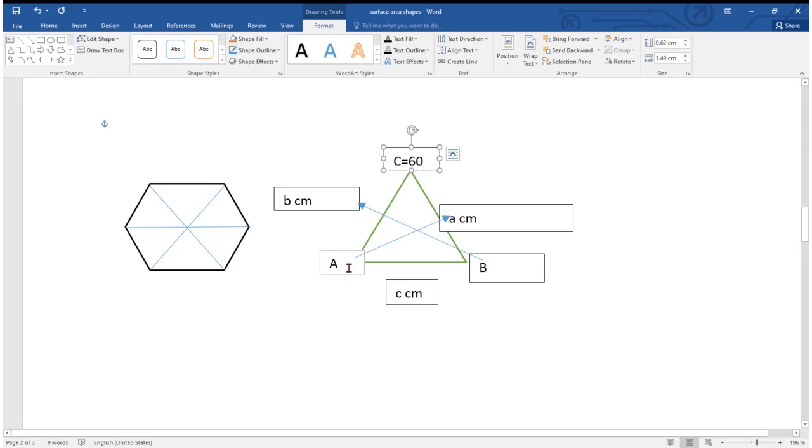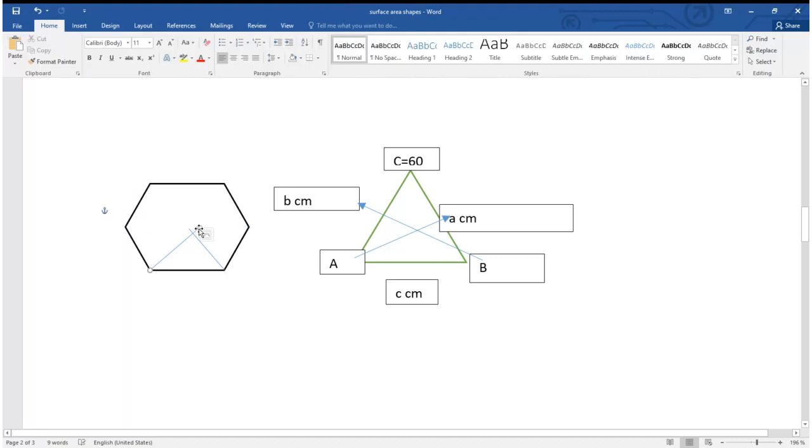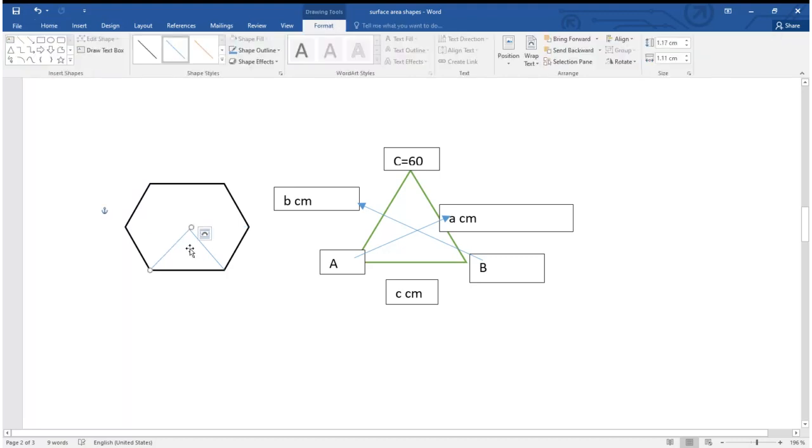Okay, let's see. We have been told that the distance, this distance here. So this is the center, C is where we have the center. In this figure here, I'm considering just this part here. I'm not considering the others. So this distance is radius, and this is radius, which is equal to 6 centimeters.